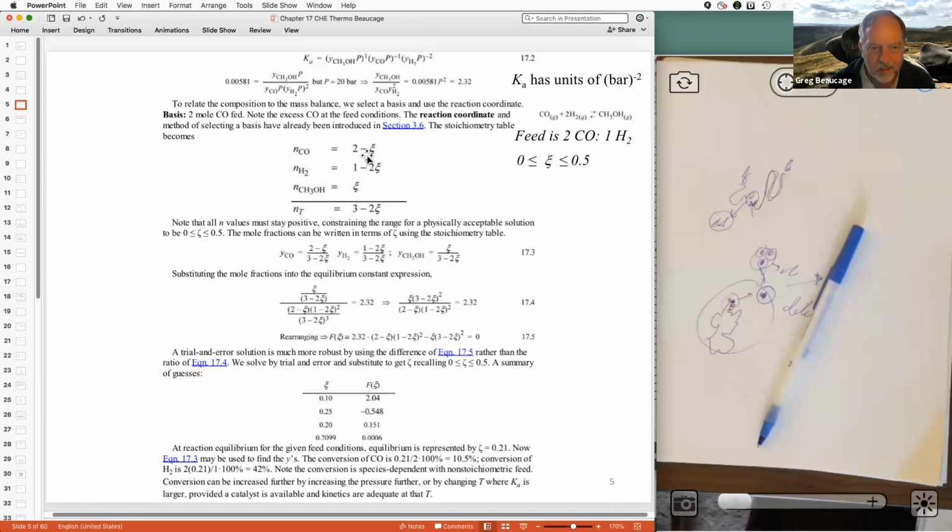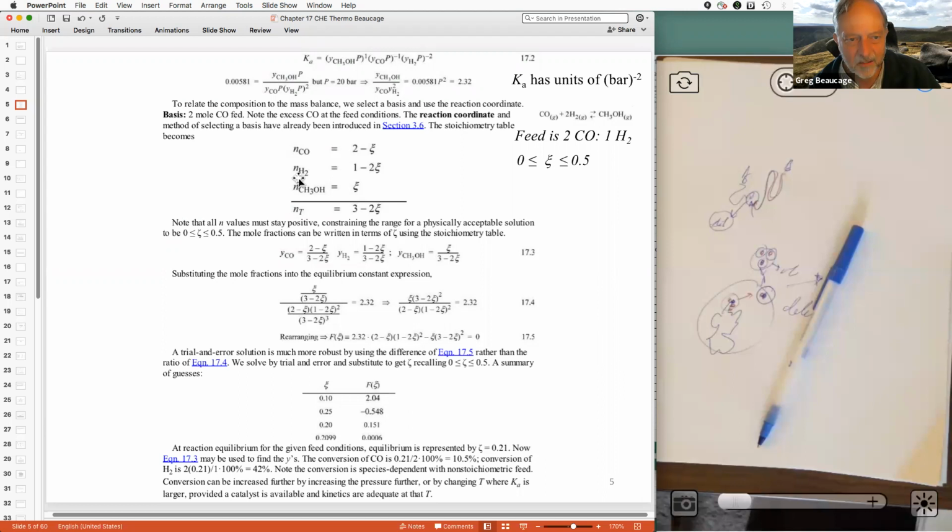Right, so the CO starts at 2 minus the extent. Hydrogen starts at 1 minus 2 times the extent, and it's going to produce 1 methanol. The limits on these, which we also went through in chapter 3: you can't go negative in any of these. That's kind of the rule. So this thing could be a half, right?